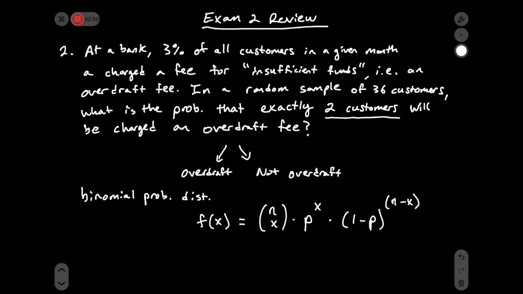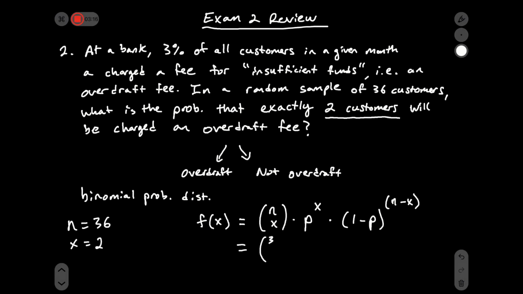So in this case, we're just taking everything we're given in the problem and plugging it in. n is equal to 36. That's our random sample. And x is equal to 2.